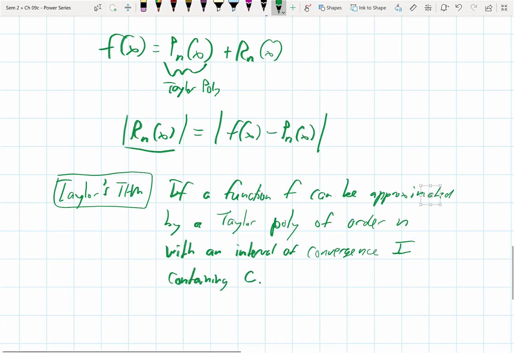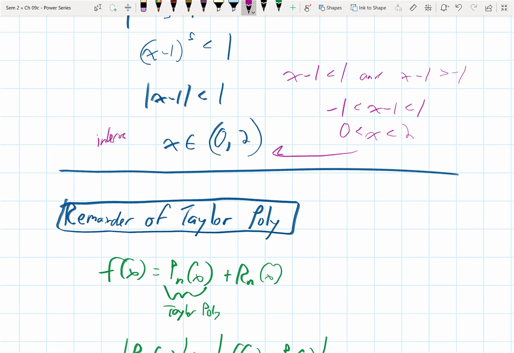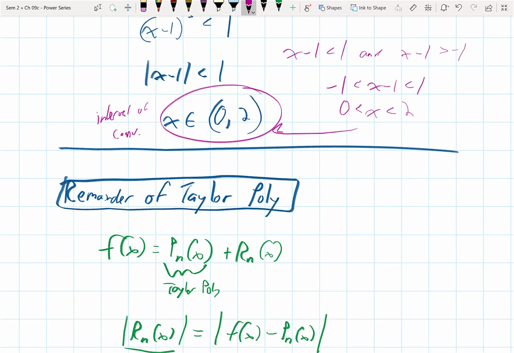And this interval of convergence containing c, I want to talk about for just a second. That's what we established right up above when we had this interval of convergence. It describes an interval of convergence because it tells me where it is within the error that I want.